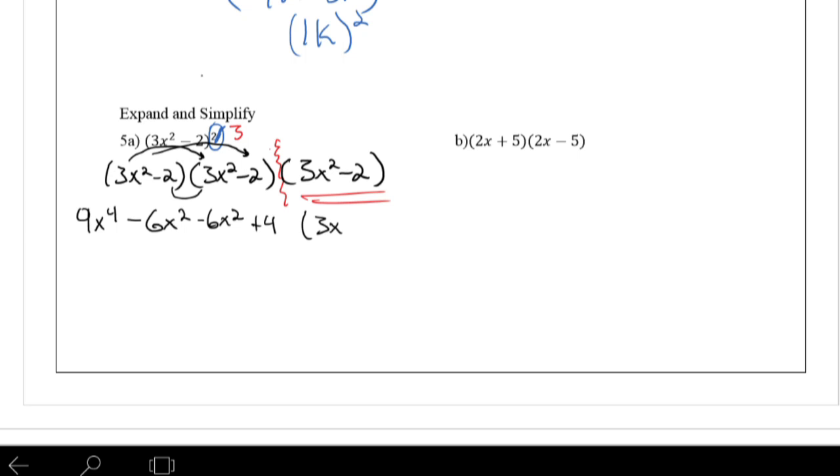I'm going to bring this 3x squared minus 2 along for the ride, and I'll put all this stuff in brackets so I don't forget that I'm multiplying, but I do need to combine my like terms still. All right, so 9x to the 4. Nothing to combine that with. Negative 6 and negative 6 give me negative 12x squared and plus 4.